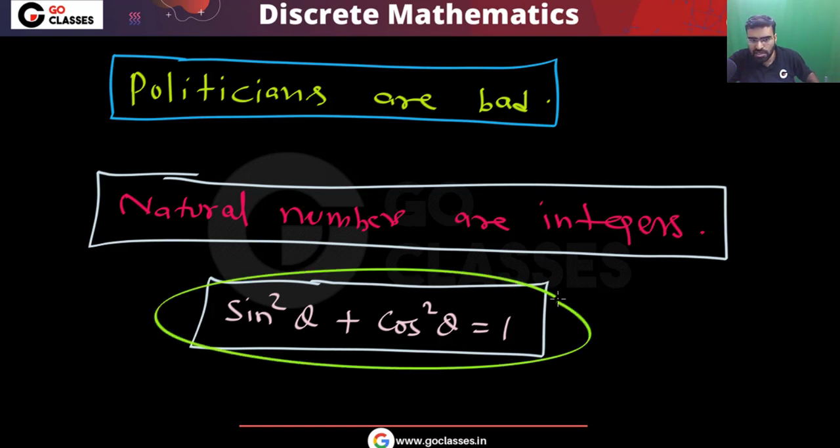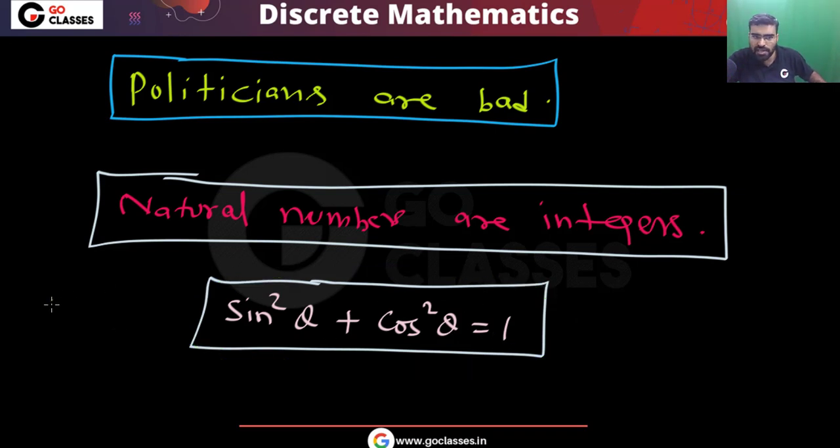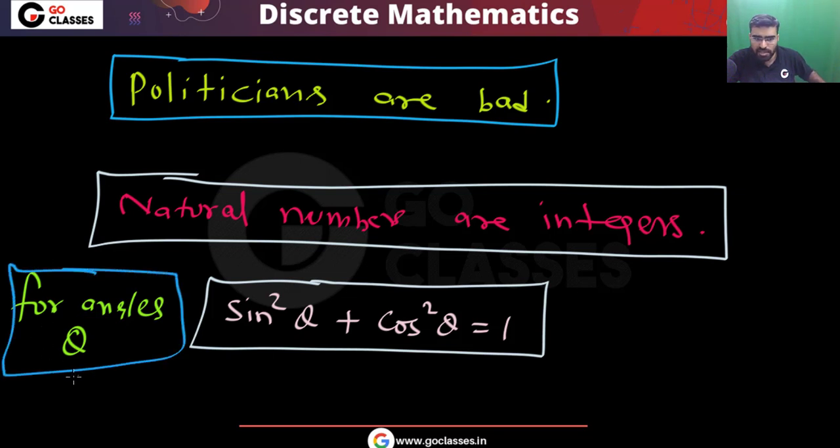Is this a universally or existentially quantified statement? We are saying it for all angles theta. For all angles theta, sin square theta plus cos square theta will be equal to 1. So you can notice this was hidden: for all angles theta. This is what I am saying, that in all these statements, for all natural numbers, this is hidden.